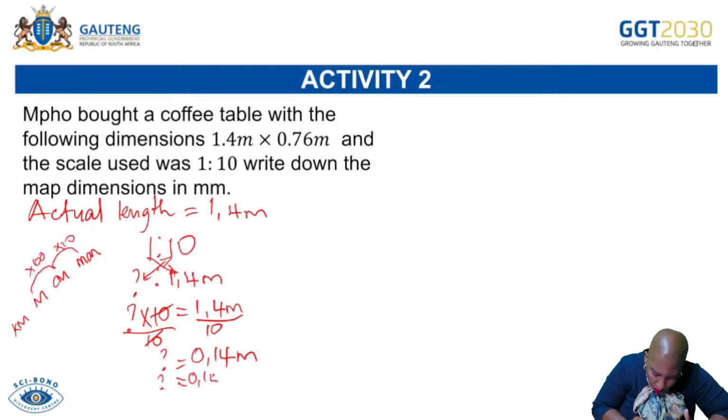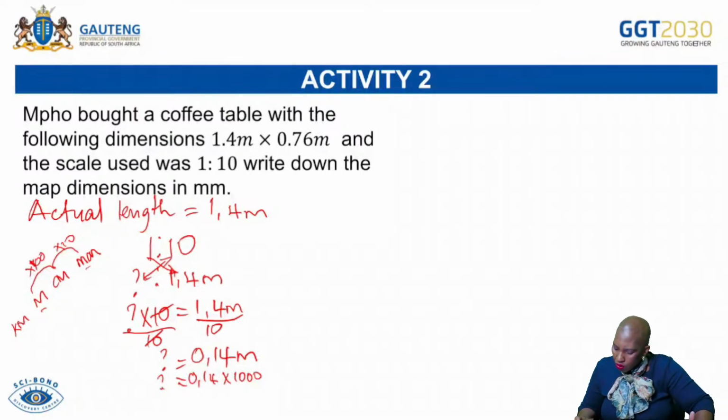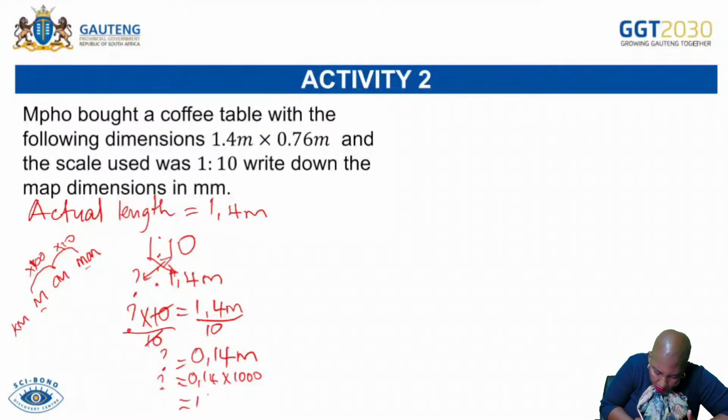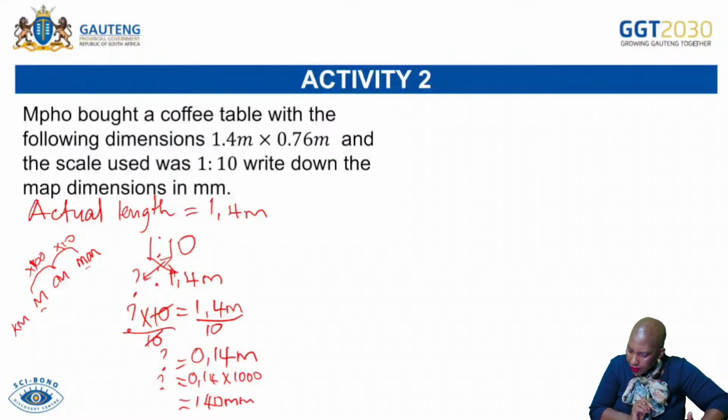It will be 0.14 multiplied by 1,000. It's not 10 here, it's 100, so now I multiply by 1,000. And then my answer will be 140 millimeters.